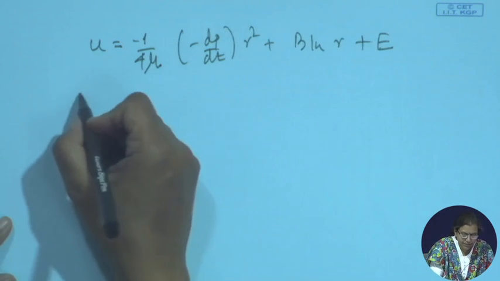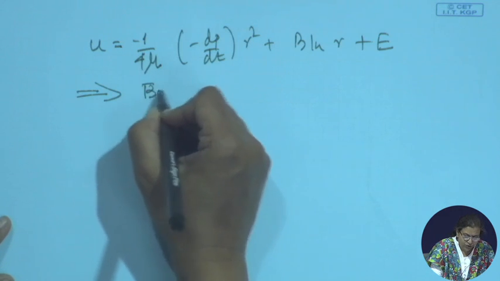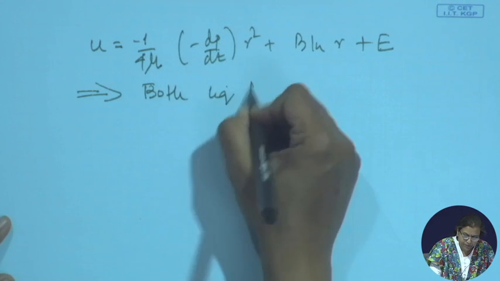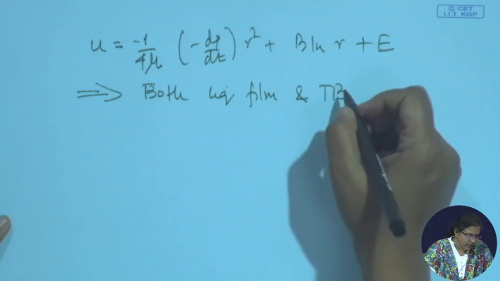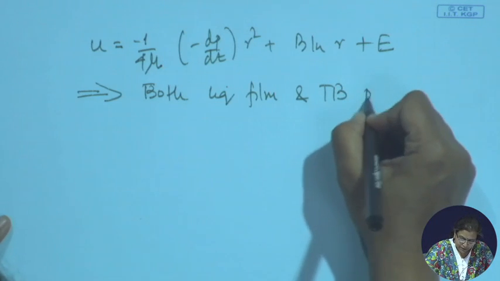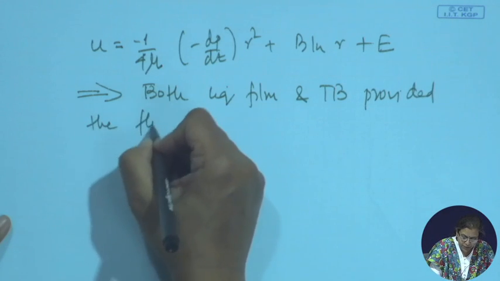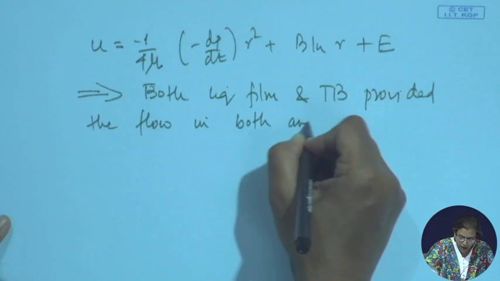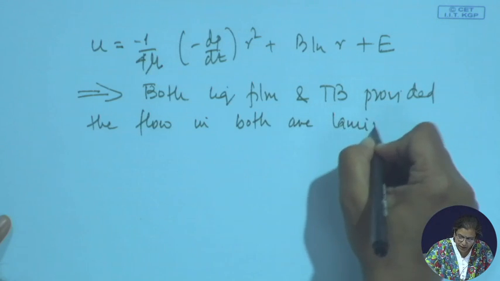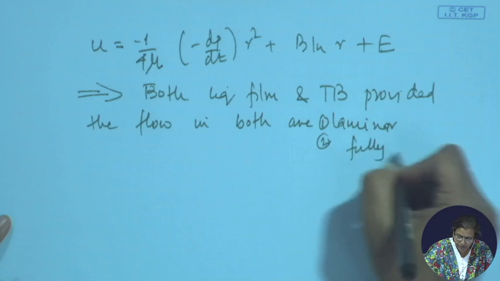Now, this is applicable for both the liquid film and the Taylor bubble, provided the flow in both is laminar and fully developed.